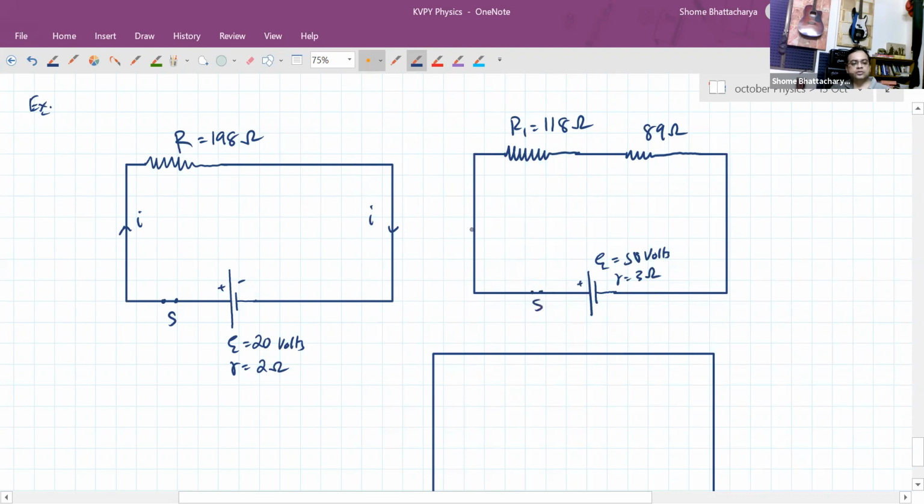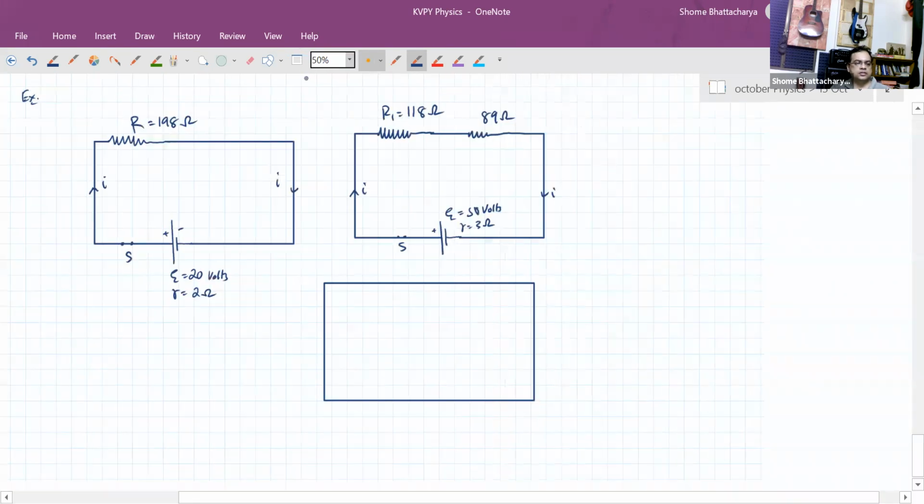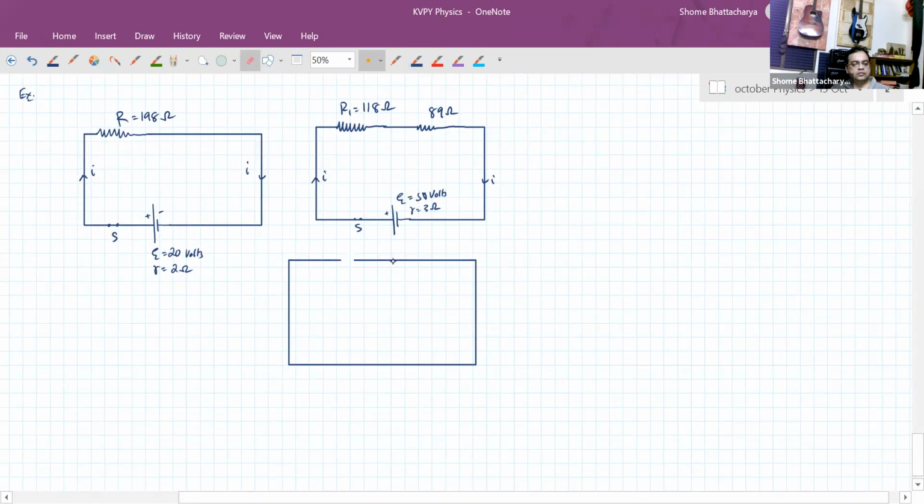And again, this switch is closed, so current I is flowing through this. Now, in the third case, we have this 20-volt battery with an internal resistance of 2 ohms.